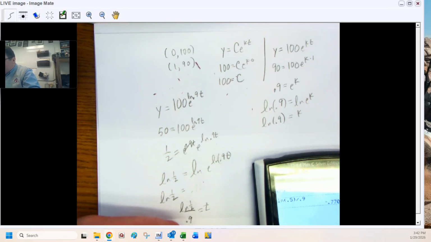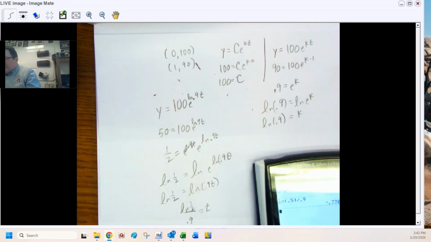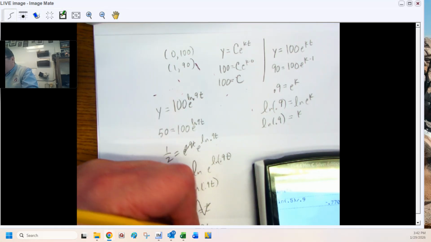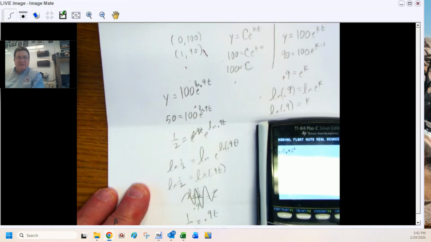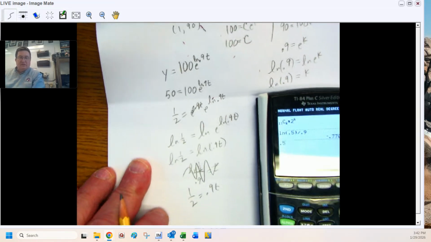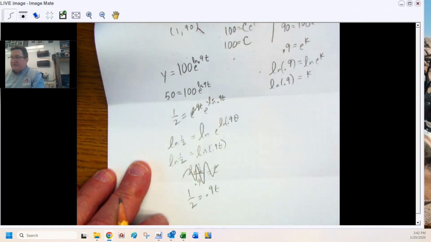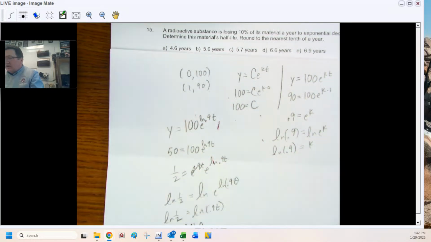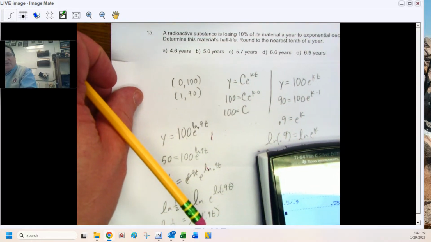The ln of e to something is something, so this is the ln of 0.9t. And so a half ends up to be 0.9t, so t is just a half divided by 0.9, and that's 0.55. And that's not the right answer. Oh, I did something wrong. Let's see what we did wrong.